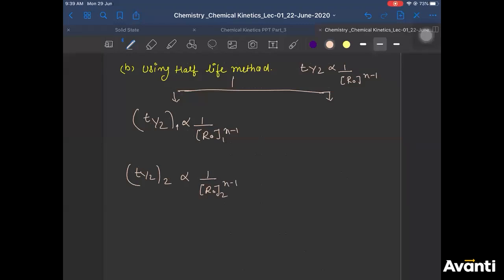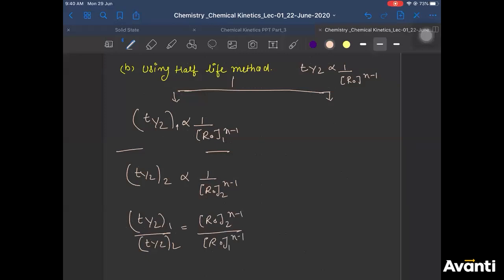Now when you divide both the equations, what do you get? You get t half 1 by t half 2 is equal to R naught 2 power n-1 divided by R naught 1 power n-1.